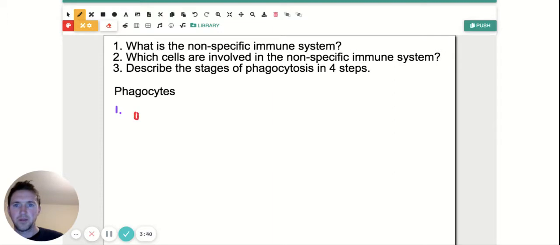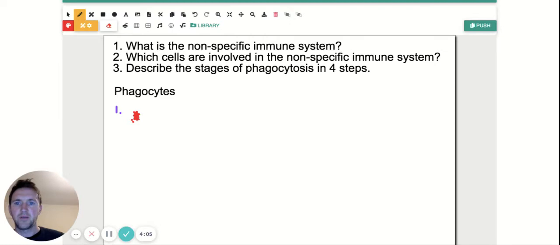It could be any pathogen, but let's draw a bacterium. What will they have on their surface? They will have some sort of antigen, a non-self antigen, remember. This will be recognized as not belonging to the body. Most likely a protein, but could also be a glycoprotein or a glycolipid.